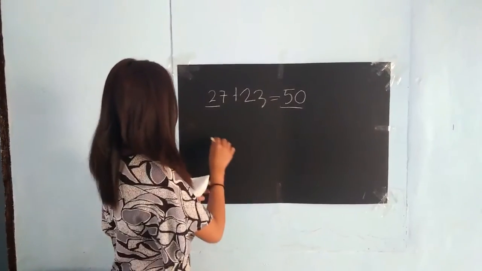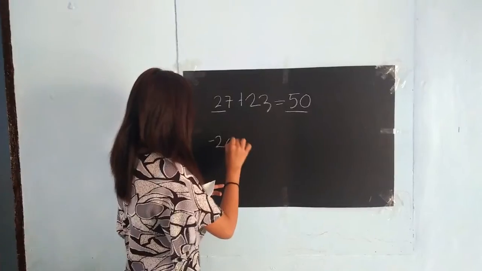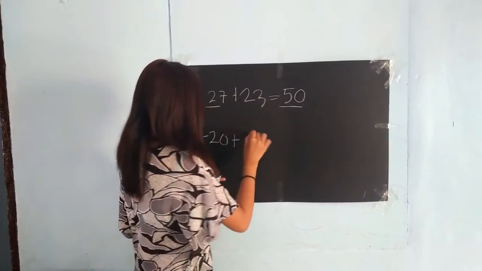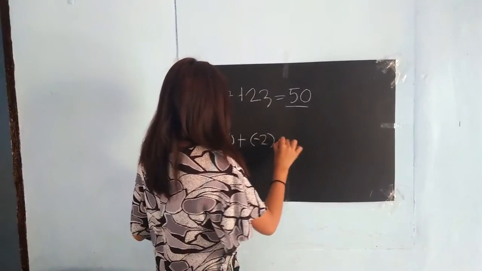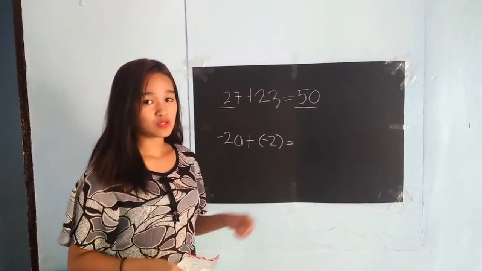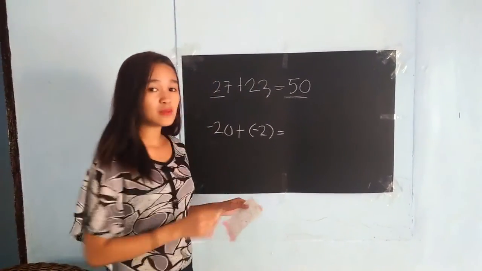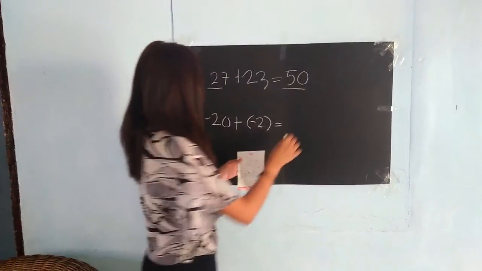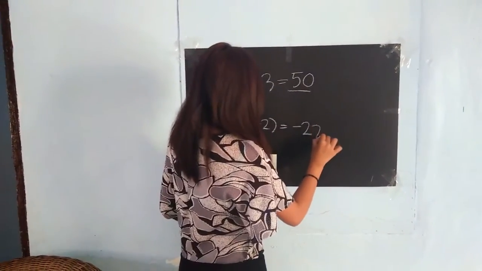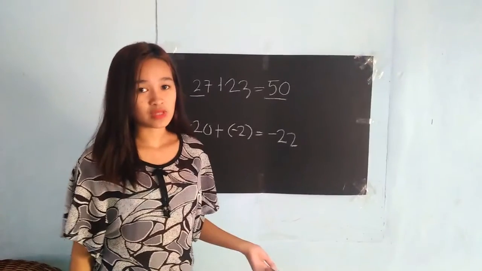For another example, -20 plus -2. They have the same sign, which is negative, so we just add them. -20 plus -2 equals -22. So that is an example for rule number 1.